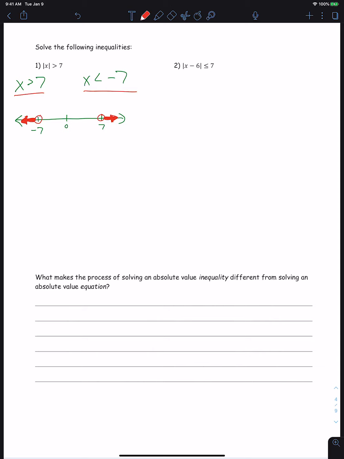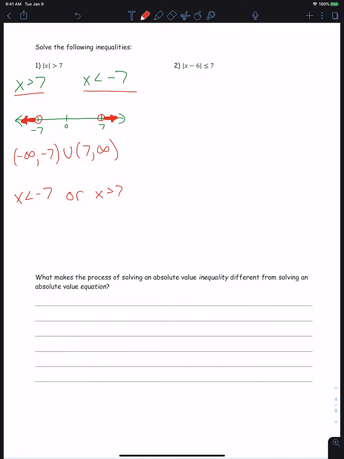So one way to show your solution is a number line. You can also use interval notation, which would be negative infinity up until negative 7, close parentheses, because we don't include that negative 7, in union with 7 to infinity. Or you can keep it in inequality notation, but you want to keep the lower end to the left, so that would be x is less than negative 7, or x is greater than 7. Can't put an and there, because they're not going between each other.